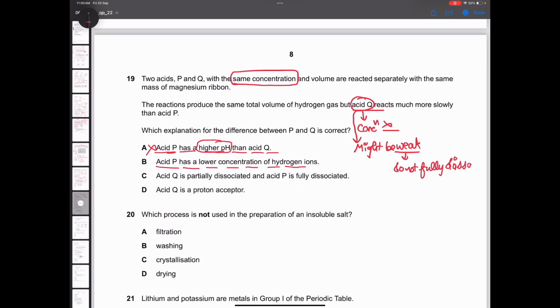No. Since acid P is the stronger acid and stronger acids dissociate completely, releasing hydrogen ions, B is incorrect. Option C: acid Q is partially dissociated, which means the same as not fully dissociating. Weak acids partially dissociate into ions in aqueous solution, and acid P is fully dissociated because it is a strong acid. This statement is correct, so option C is correct.